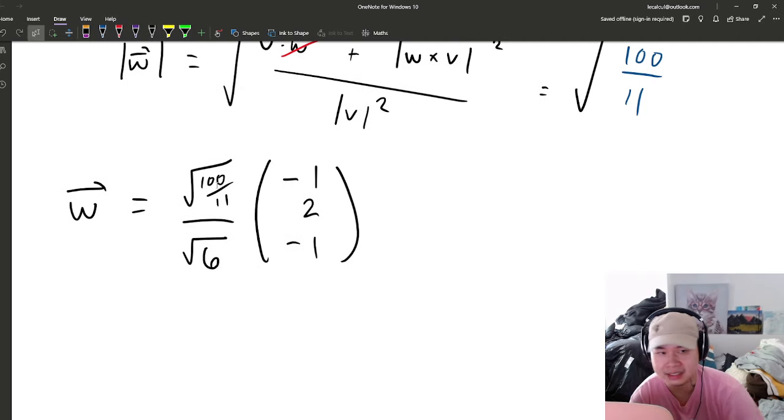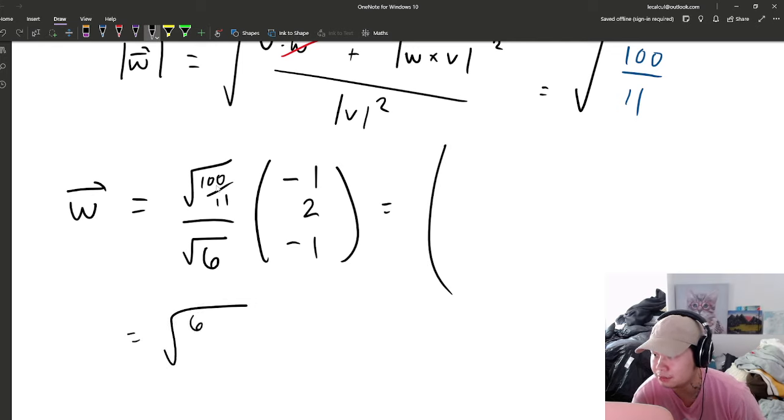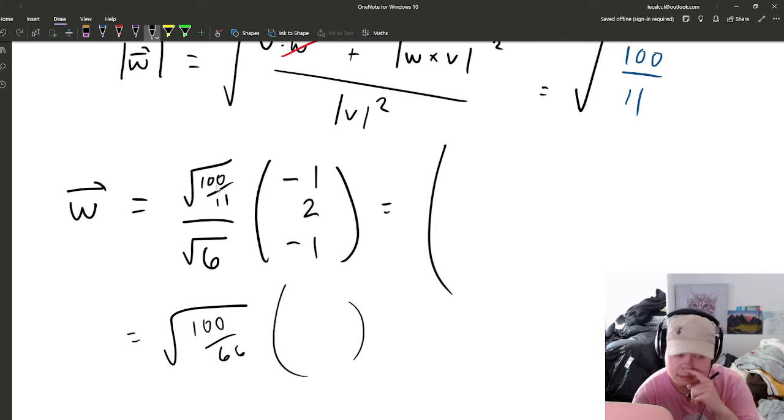And then you can clean this up, but then we're basically done, right? So in other words, W should be, this is root 100 over 66. That's 50 over 33.